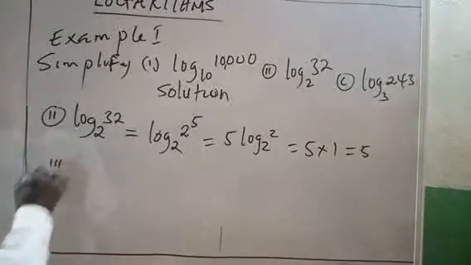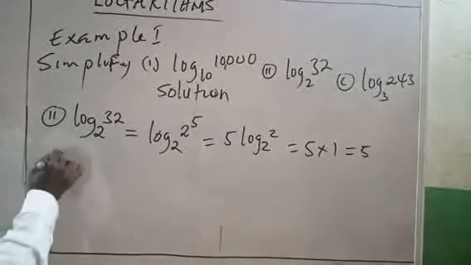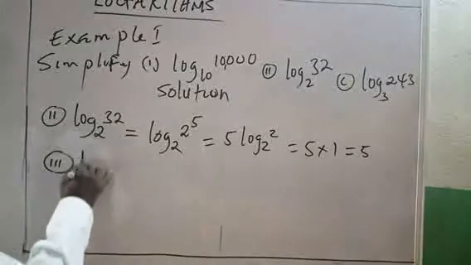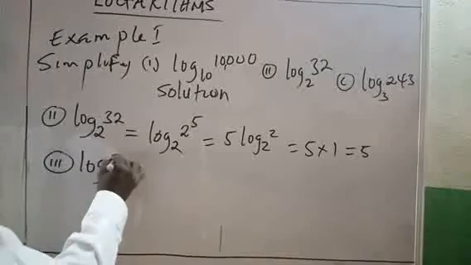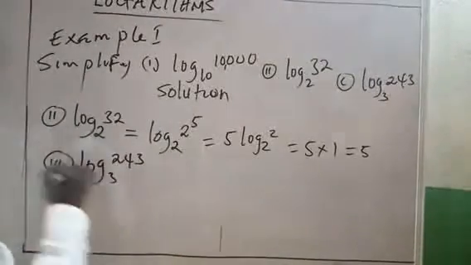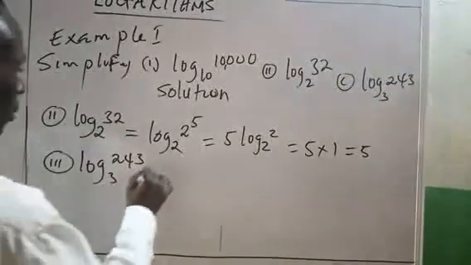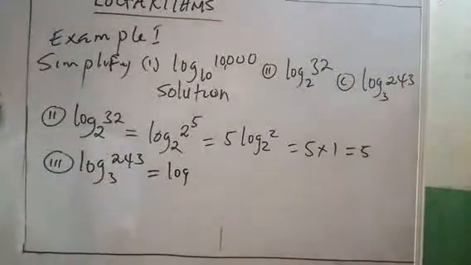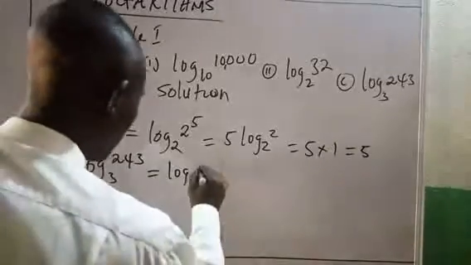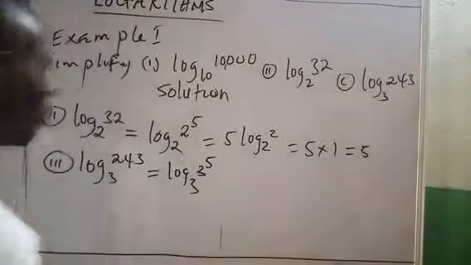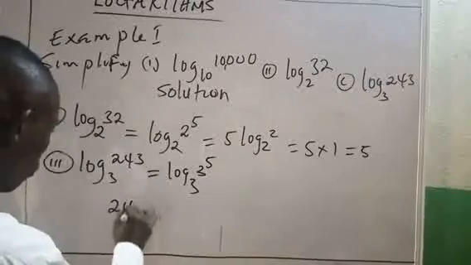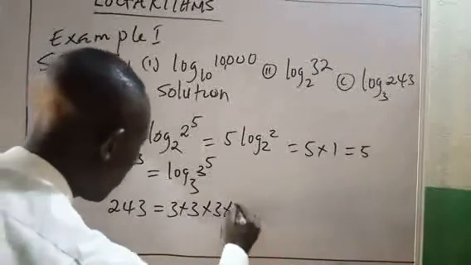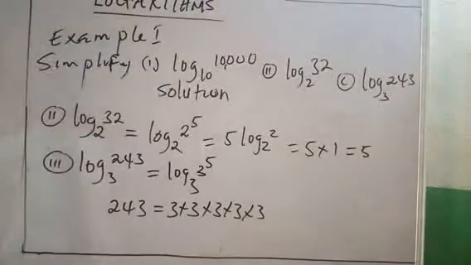Then you have 3. 3, we have log 243 base 3. This is the same thing as log 3 raised to the power of 5, because 243 is 3 times 3 times 3 times 3 times 3.